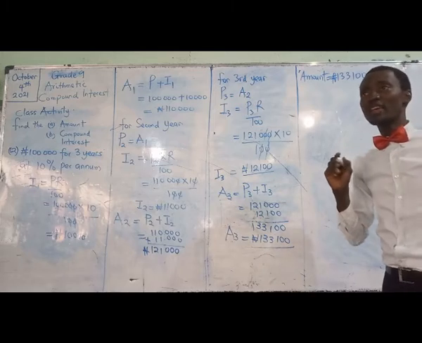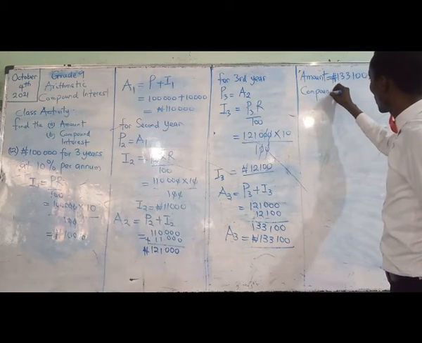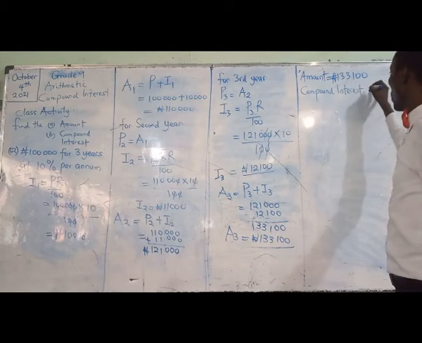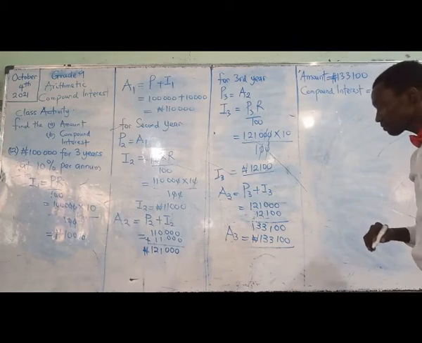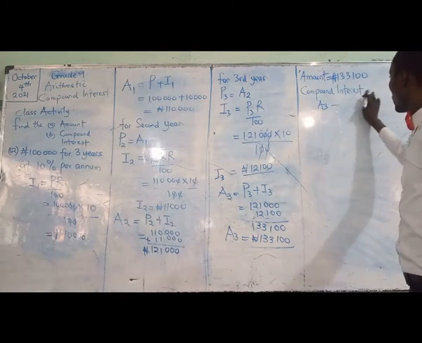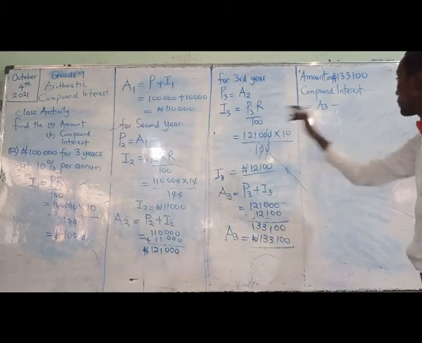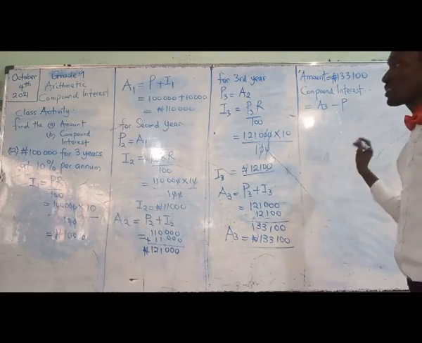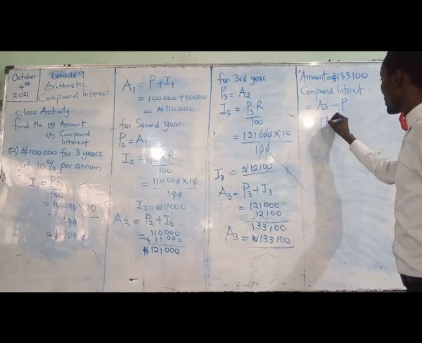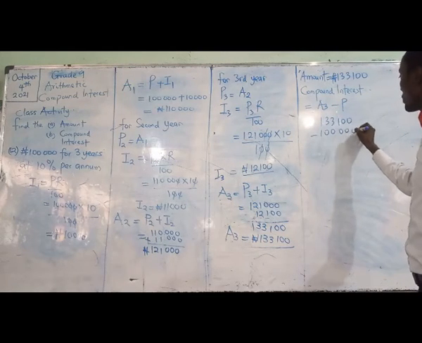Another crucial thing here is to get the compound interest. So the compound interest will be equal to the amount, A3, minus the principal. What is the principal? 100,000. So that will be 133,100 minus 100,000.